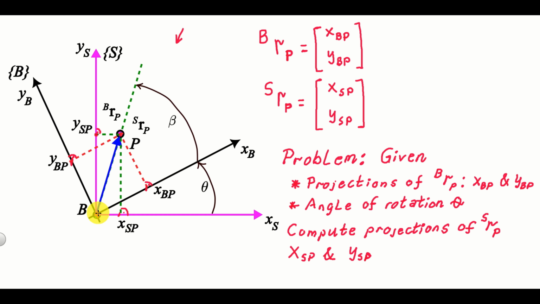We are given this projection over here and this projection over here of the vector RPB. And we are given this angle of rotation theta. And we need to compute this projection and this projection of the vector RPS.